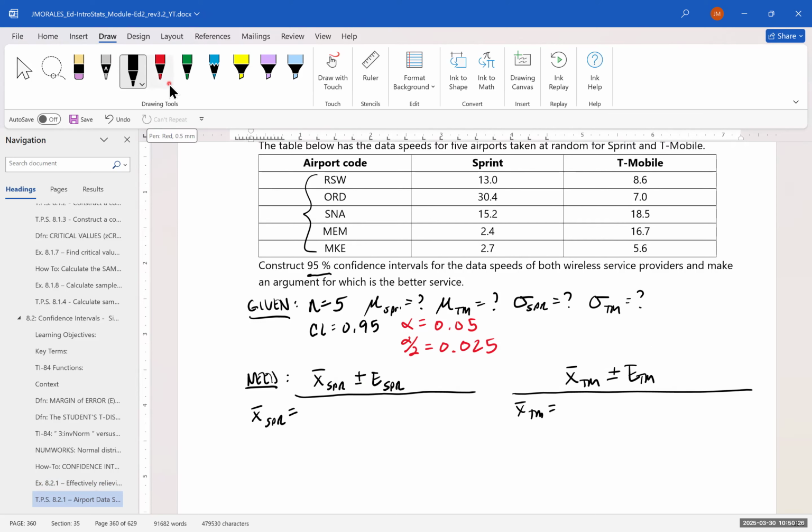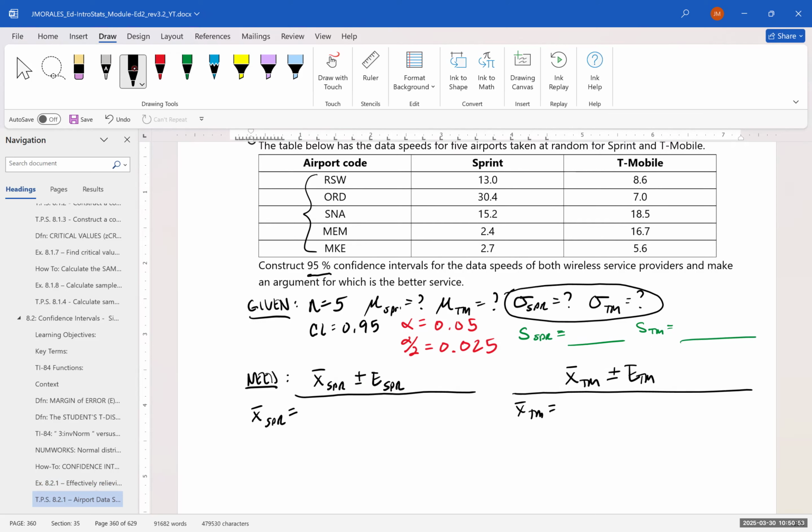Since the population standard deviation is unknown, we're also going to need the sample standard deviation for Sprint and the sample standard deviation for T-Mobile. Don't let me forget.